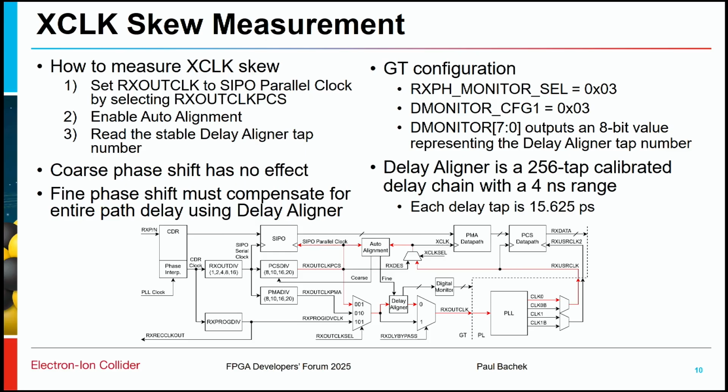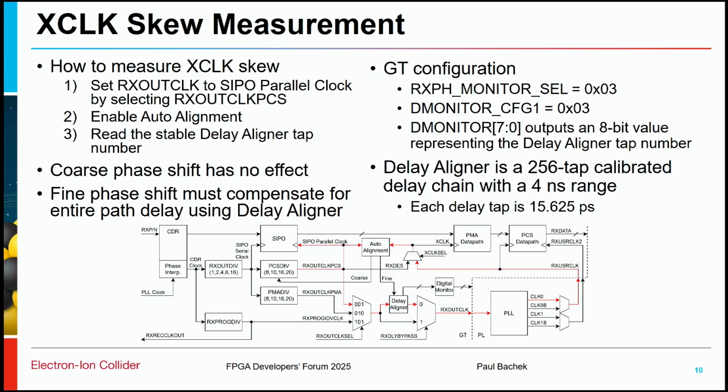And then the delay is accounted for entirely in the delay aligner block, which can be read out to fabric, and that value can be saved. And this represents the entire path delay that we are trying to compensate for here. And this can be done using these special transceiver configurations.